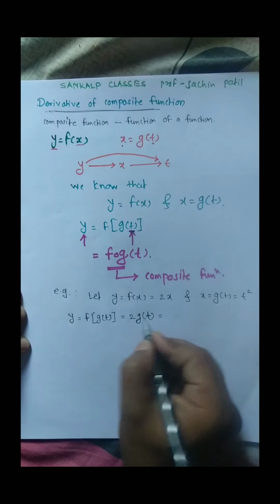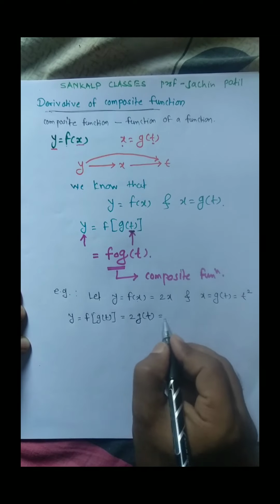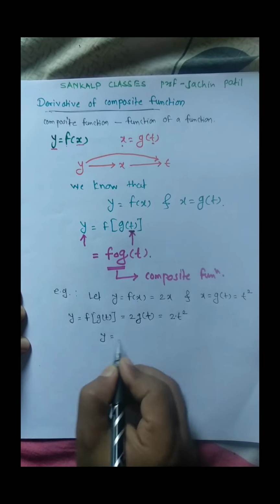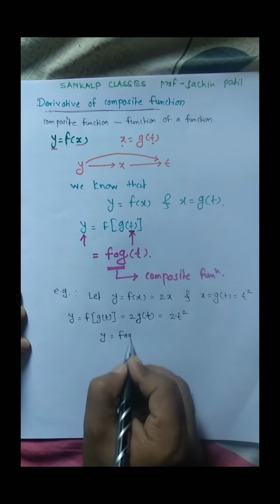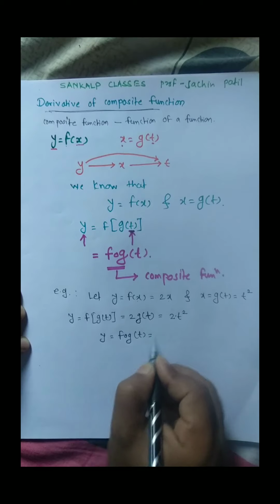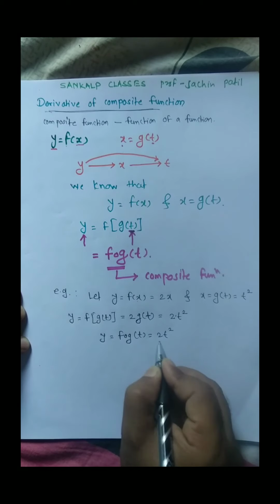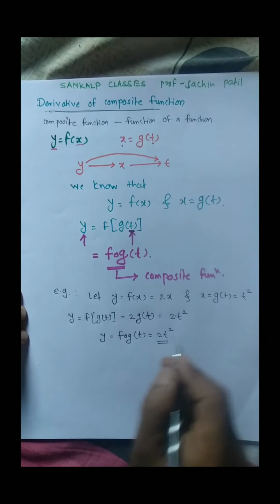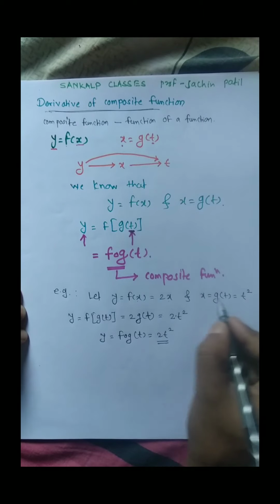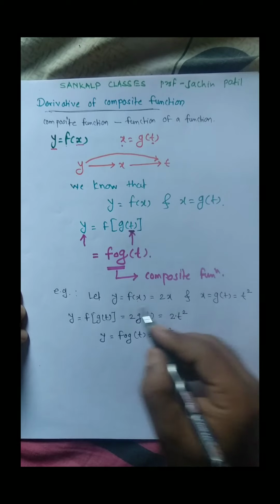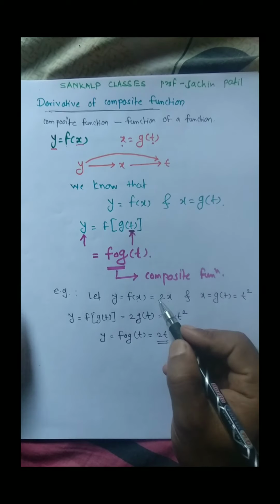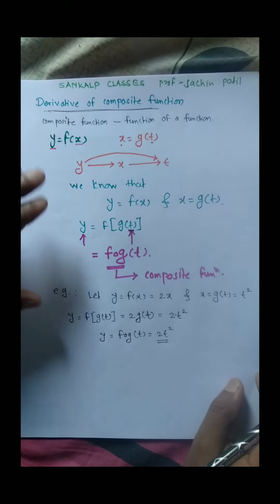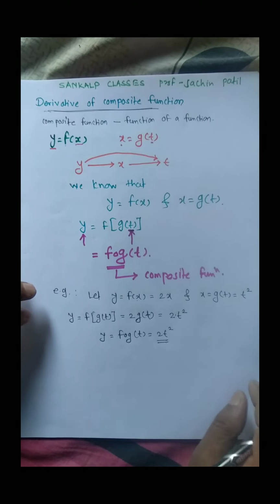What does it mean? g of t is nothing but t square, and therefore 2 into t square. So y is equal to f o g of t, which is equal to 2t square, and this is nothing but a composite function. It is simplified by putting the dependency inside the function y is equal to f of x. I think you now have the complete idea of the composite function.